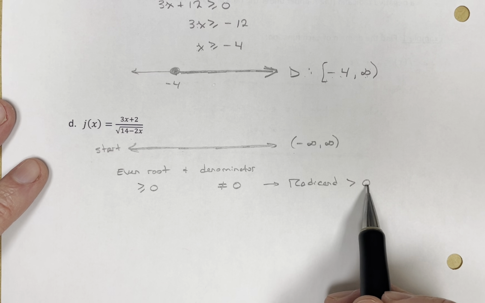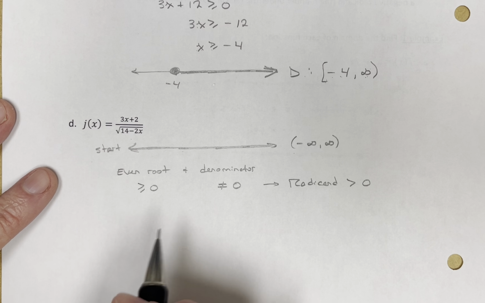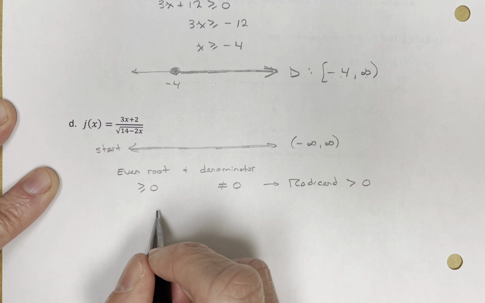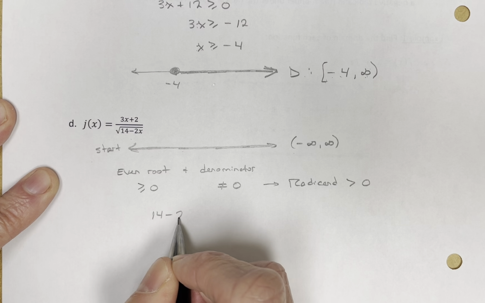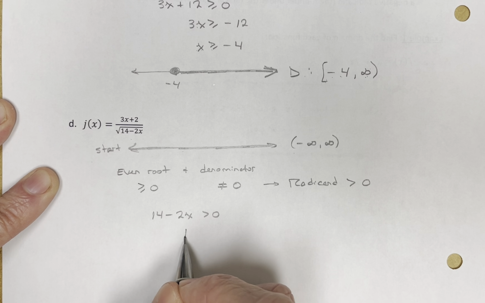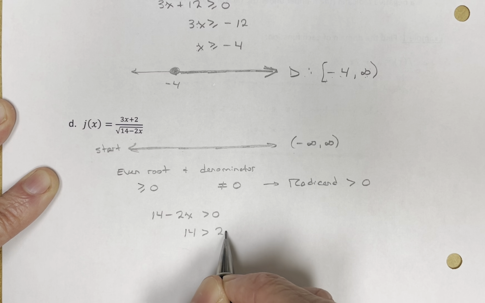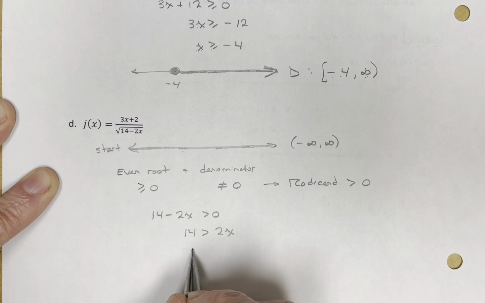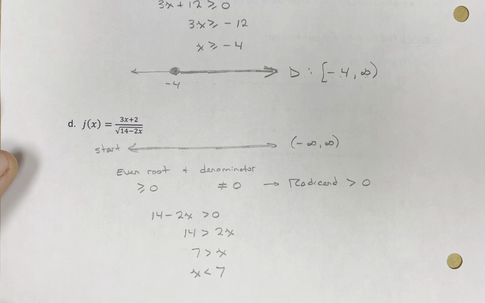So my radicand must be positive here. Let's take our radicand, which is 14 minus 2x. It must be positive. I'll add 2x to both sides. I'll divide both sides by 2. And then I'll rewrite it with the x coming first: x less than 7.